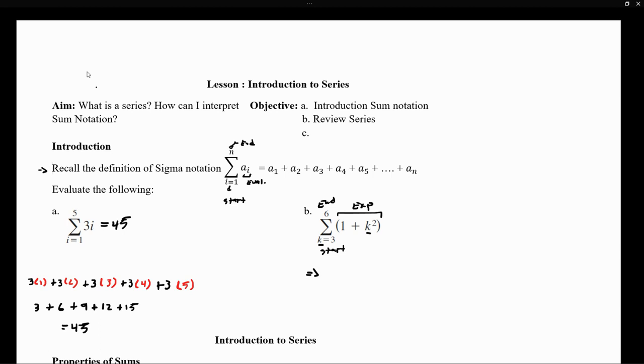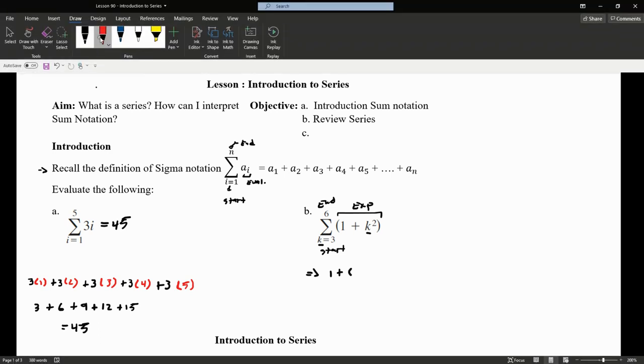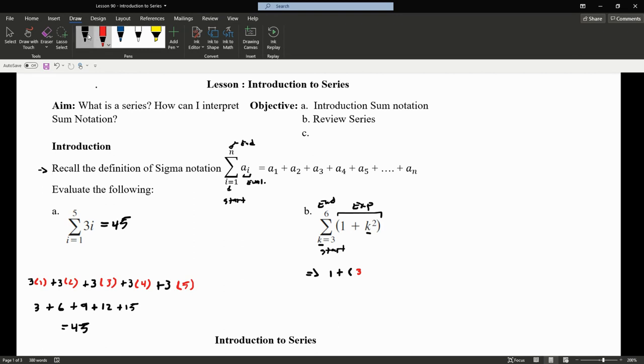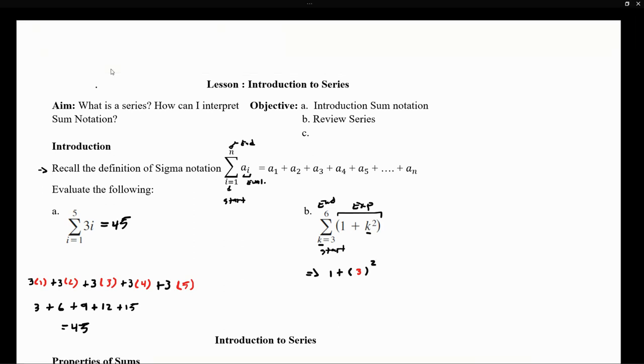Let's get the same expression, 1 plus... But now notice that I'm going to evaluate k at 3, because I need to start at 3, not at 1, because that's my starting point. This expression is the same expression that we had in front of us, but now it's being evaluated when k equals 3.